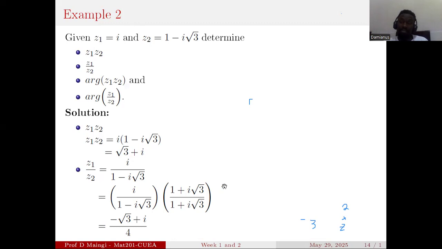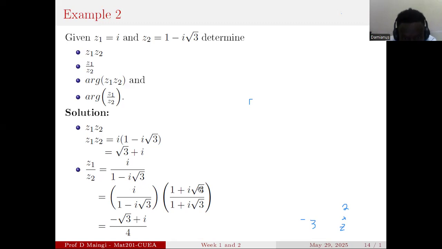Division of the two, this we did last time: z1 over z2 equals i divided by 1 minus i root 3. Remember how we perform this? We multiply by the complex conjugate of the denominator. So this becomes i divided by 1 minus i root 3 times 1 plus i root 3, divided by the same number. And if you perform the multiplication, the numerator, we already said, is root 3 plus i.